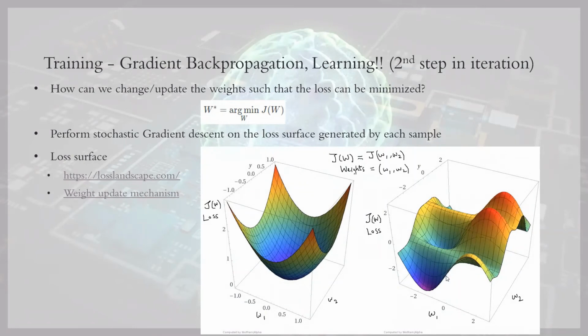The loss could also look like this. This loss highly depends on your neural network structure. If you have many neurons, you can make the shape more complicated also. So this is the loss. This is also called the loss surface. The loss function is also called the loss surface.